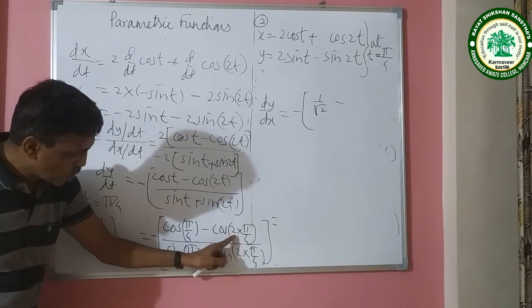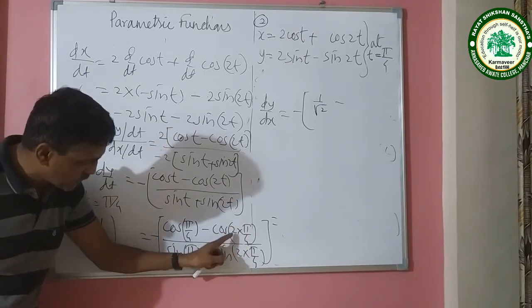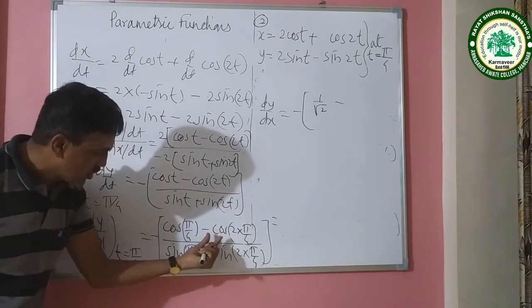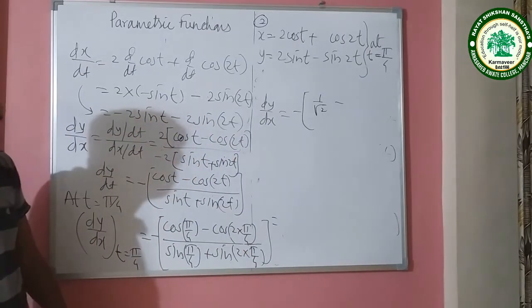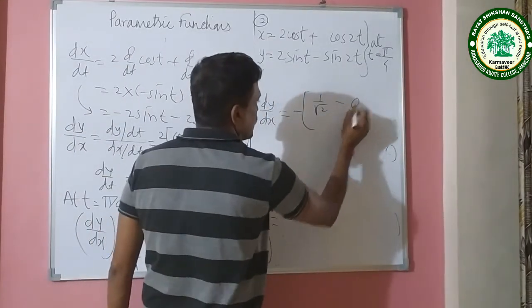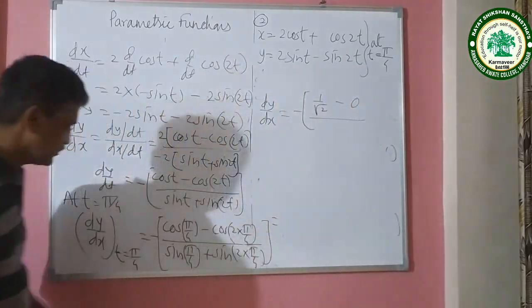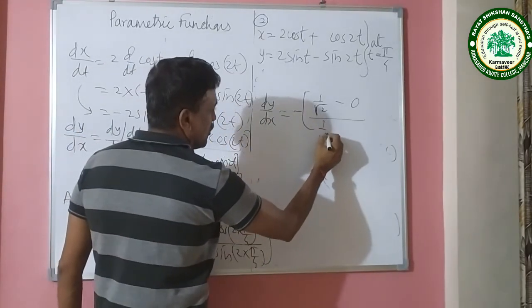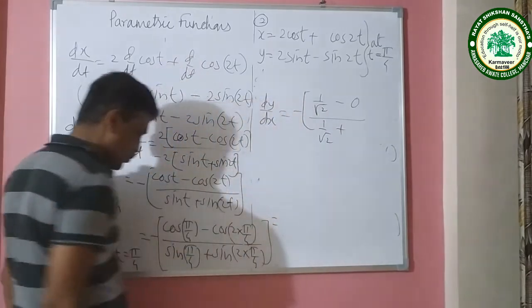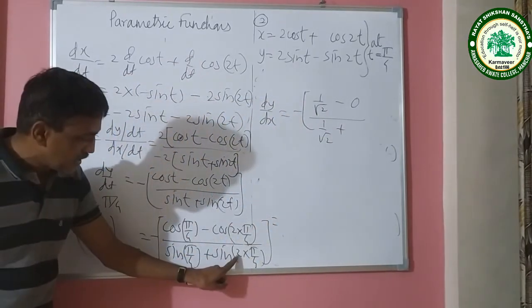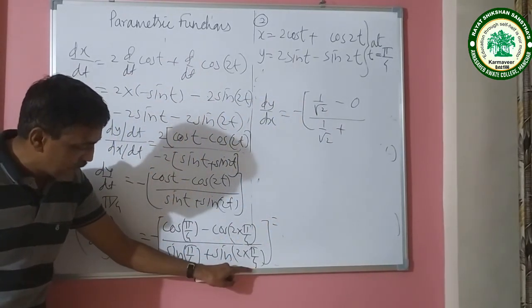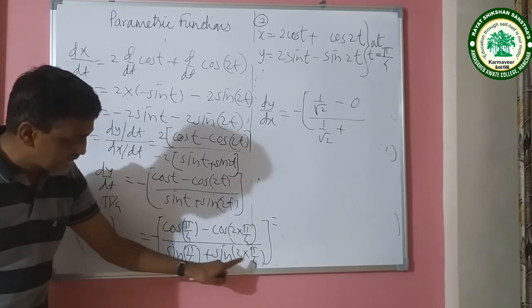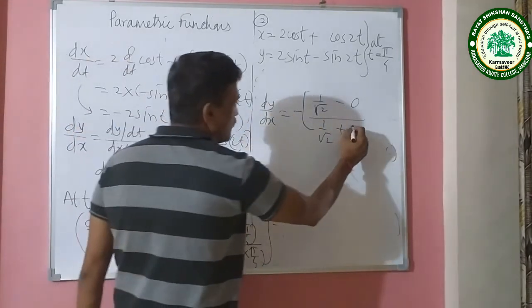So 2 pi by 4 means it is pi by 2. Cos pi by 2, cos 90, it is 0, upon sin 45, 1 upon root 2, plus sin 2 into pi by 4, divide by 2, pi by 2 remains, sin 90, sin pi by 2, it is 1.